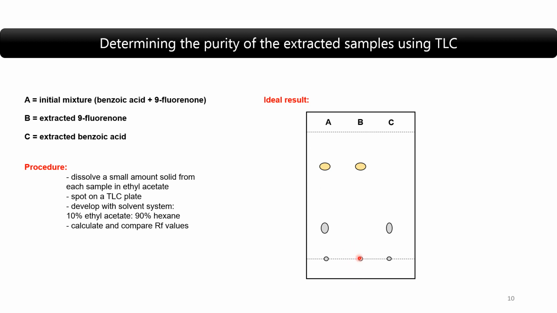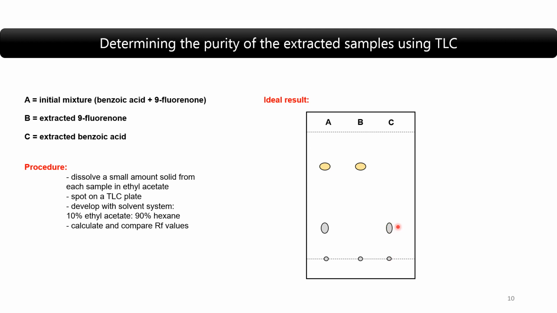The extraction from the organic layer, we ideally expect it all to be 9-fluorenone only. So in that case, we should just see one spot which aligns with 9-fluorenone from the mixture. And the extraction from the aqueous layer should ideally only contain benzoic acid.